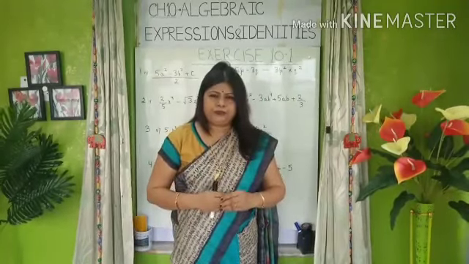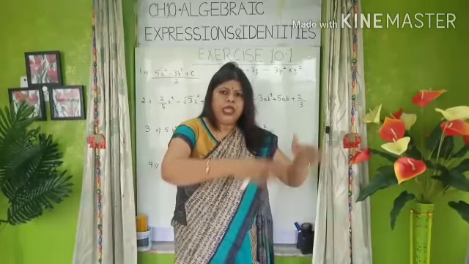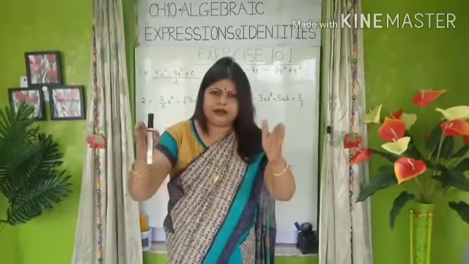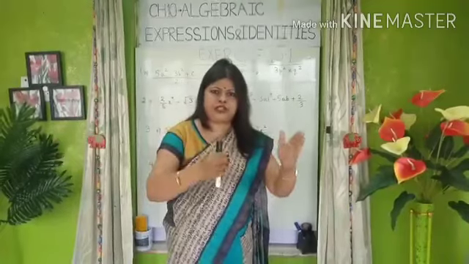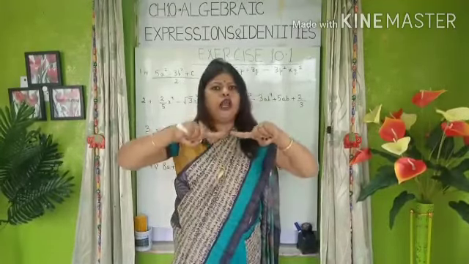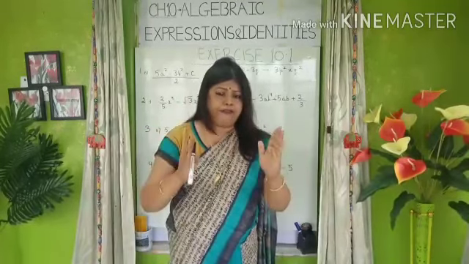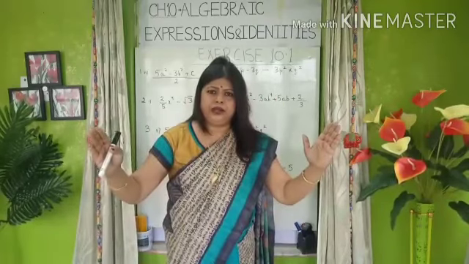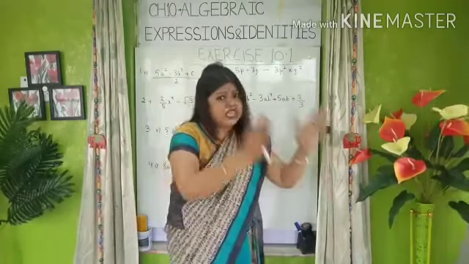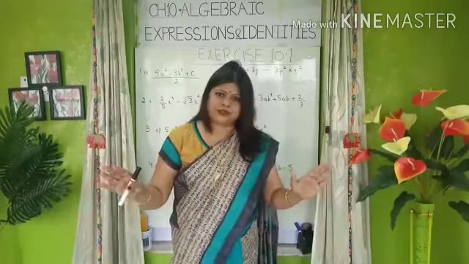To begin with, what do you mean by terms? Now, if an expression is separated from another expression with the help of a plus sign or a minus sign, be very careful children. So if expressions are separated by plus or minus, then these groups form different terms.